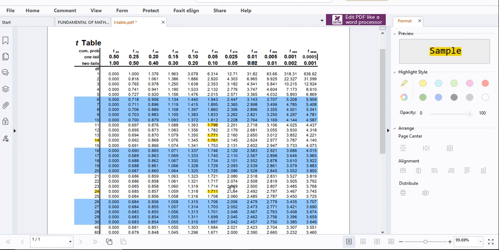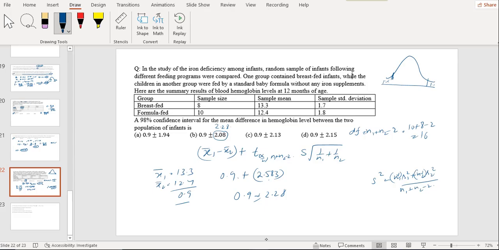In that case, for 16 degrees of freedom, it is 2.583. So we have used this formula and multiplied with capital S into square root of 1 upon n1 plus 1 upon n2. That will give us the required answer.